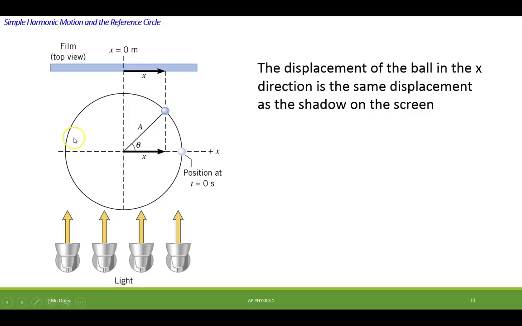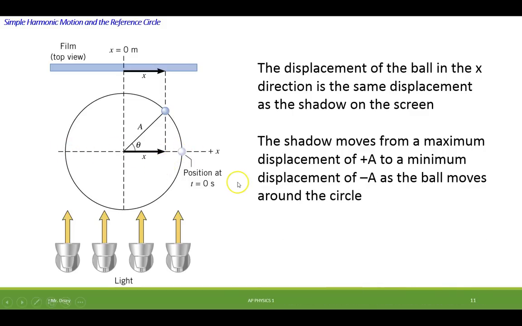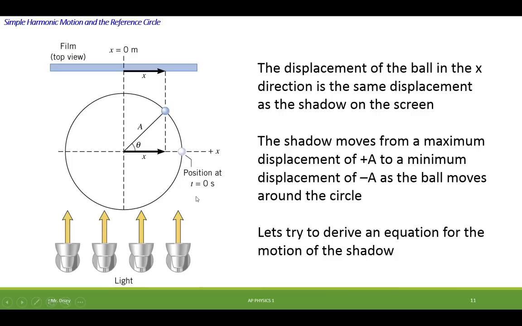So as the ball goes around and around, the shadow just goes back and forth like that. So the shadow will move from a maximum of A to a minimum of negative A. So we're going to try to use this idea to derive an equation for displacement.